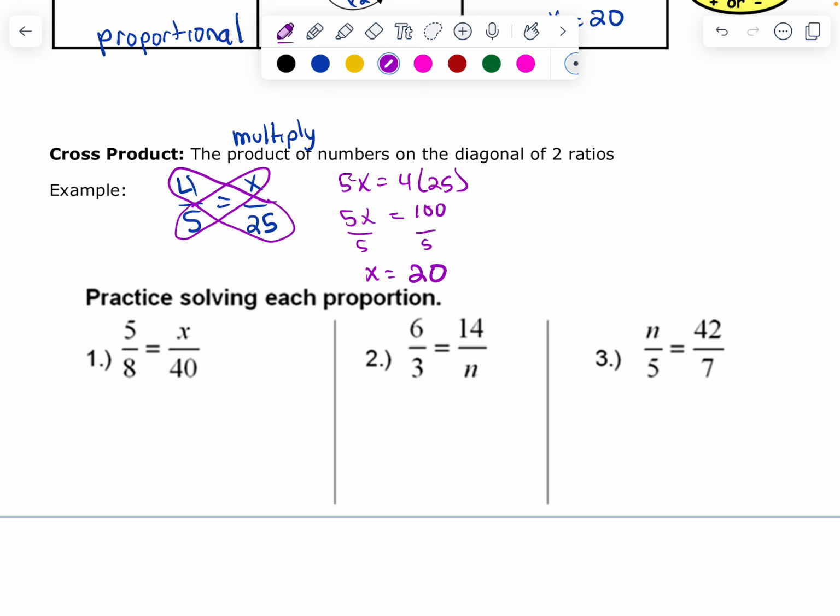If I have 4/5 equals x over 25, I can notice that this is times 5, and this is times 5, so x equals 20.